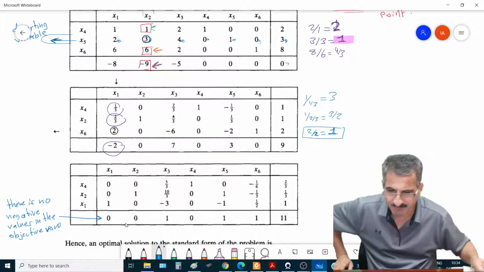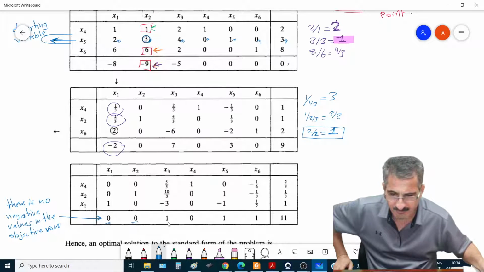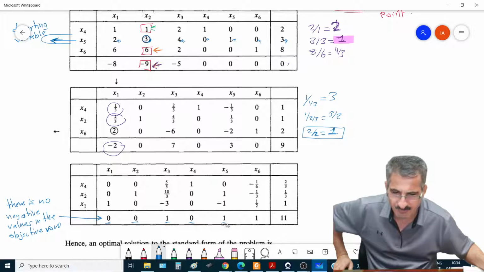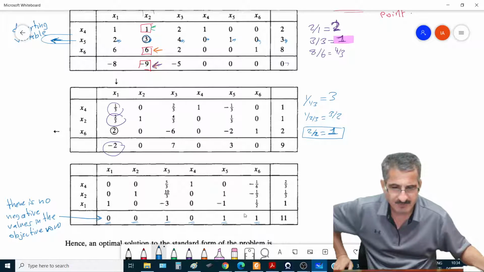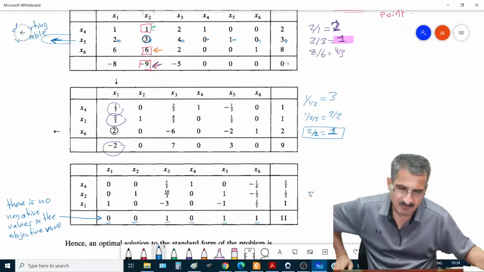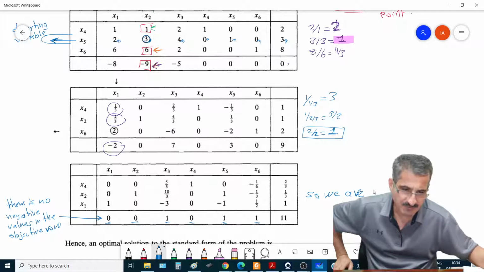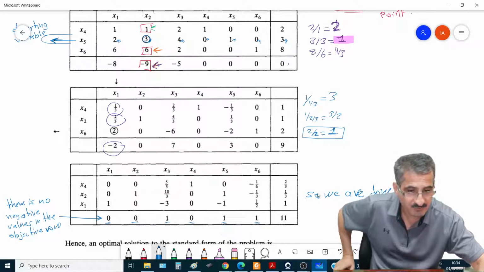There are no negative values in here. All of them are zeros or positive. Then we are done. So we are done. What do I mean by we are done? We got the optimal solution.